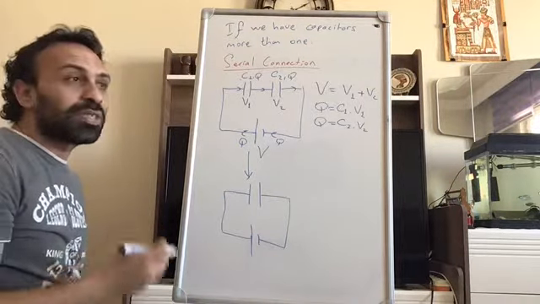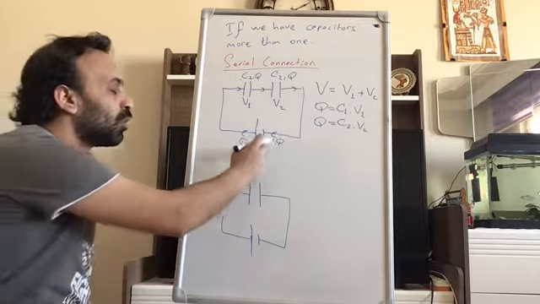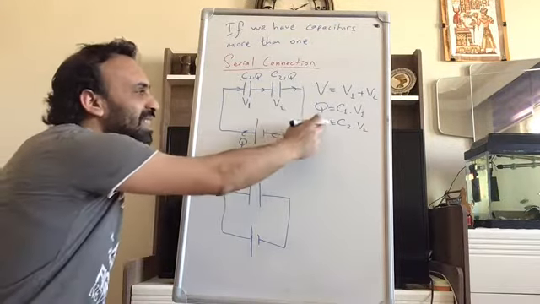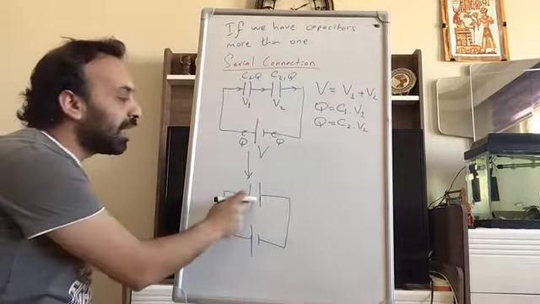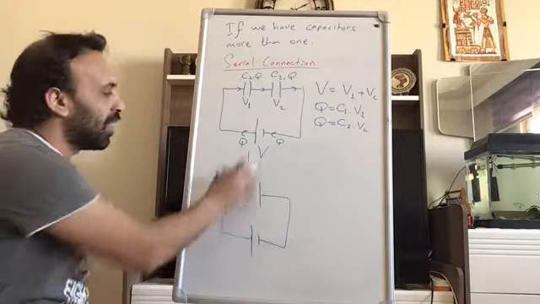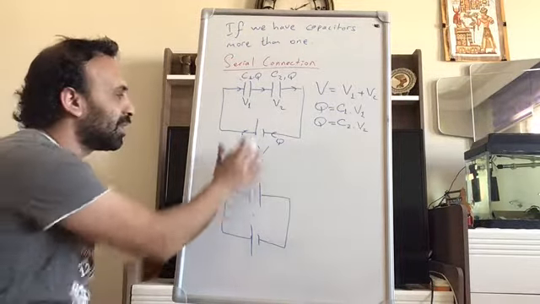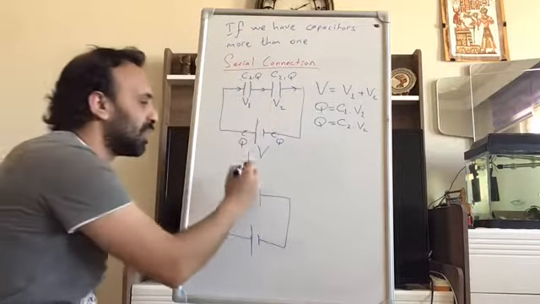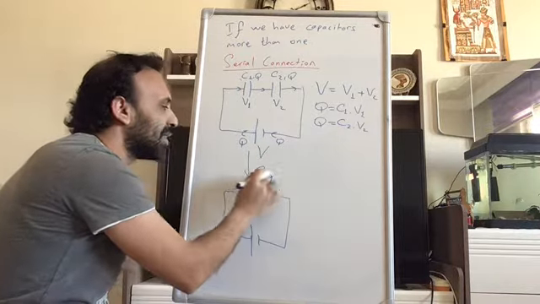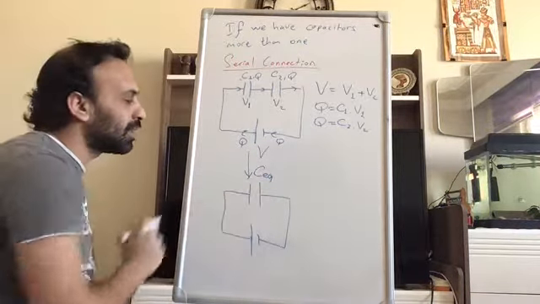But I want to store the same energy from the same power supply with the same amount of charge in a single capacitor. So I need to construct this system, but these two systems will be equal to each other. So I call it C equivalent, the equivalent capacitor.